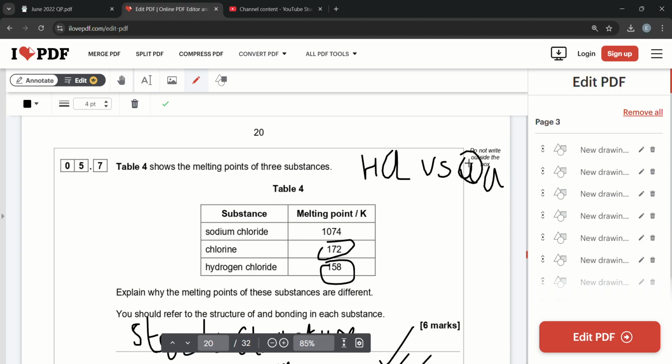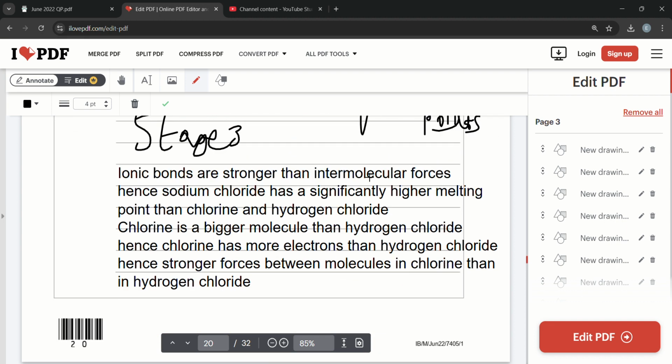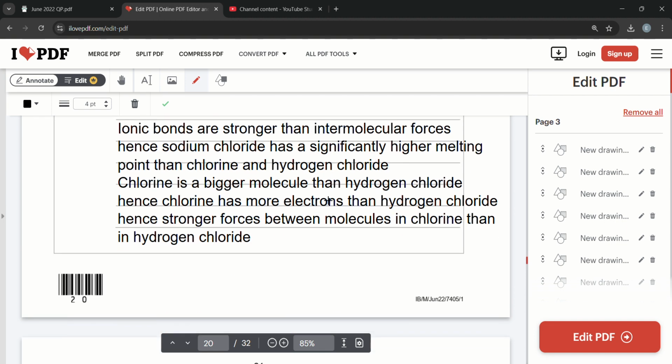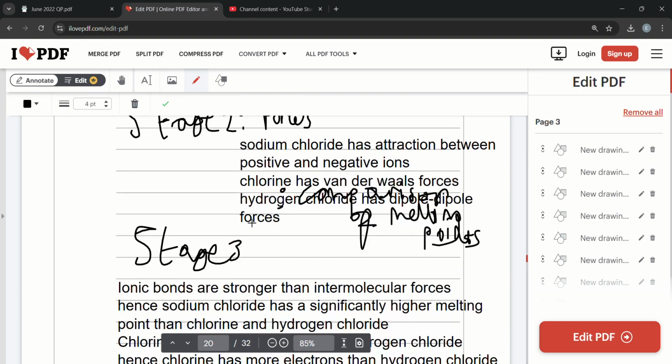You've got 2 chlorines here, but only 1 here, plus a hydrogen, and hydrogen is not a big atom compared to Cl. So chlorine has more electrons than hydrogen chloride. Hence, stronger intermolecular forces between molecules in chlorine than in hydrogen chloride. Van der Waals forces are stronger than dipole-dipole forces. And that is the end of question 5.